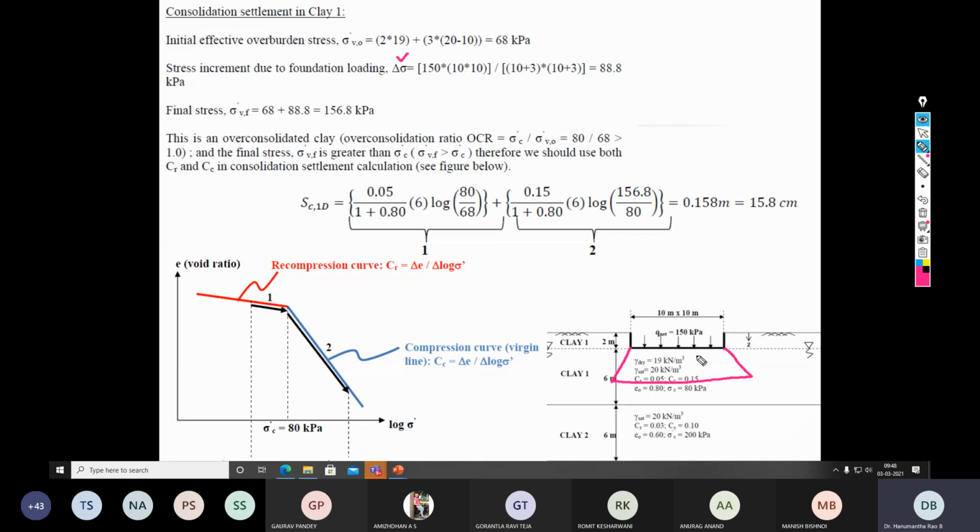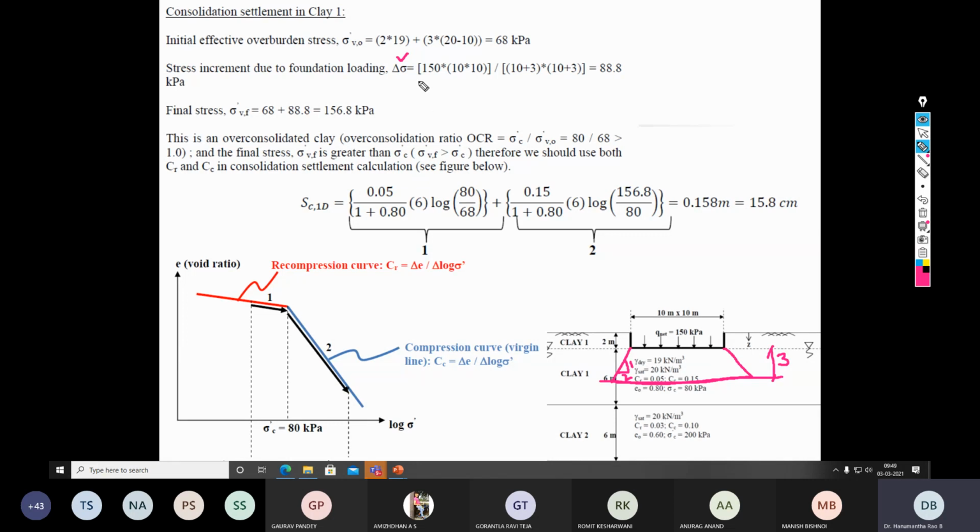Here you need to superimpose the same stress distribution, which is 150 kilopascals, at the middle of the layer number 1, that is at a depth of 3 meter. So here it is 10 by 10. Then this will become 10 plus, I can assume the load distribution as 2 horizontal to 1 vertical.